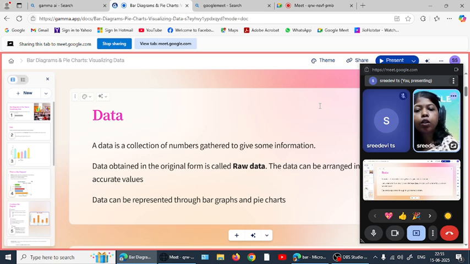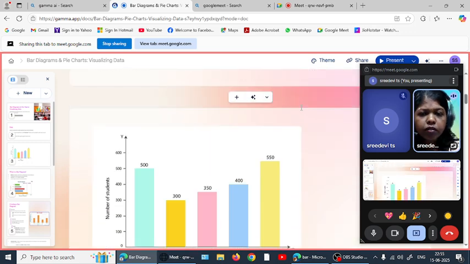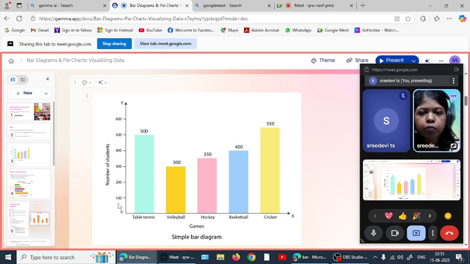Here I showed this picture. On the x-axis you can see names of games like table tennis, volleyball, hockey, basketball, cricket. And on the y-axis you can see values like 100, 200, 300.